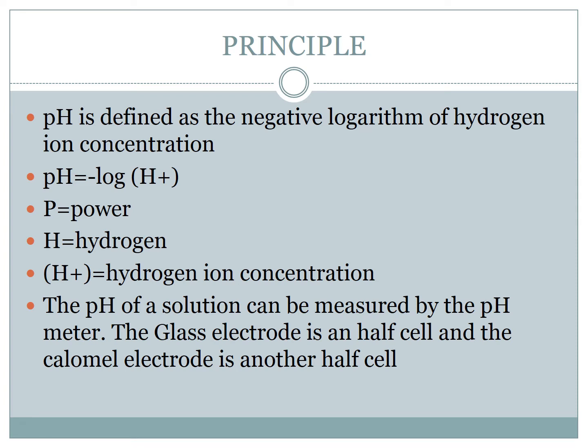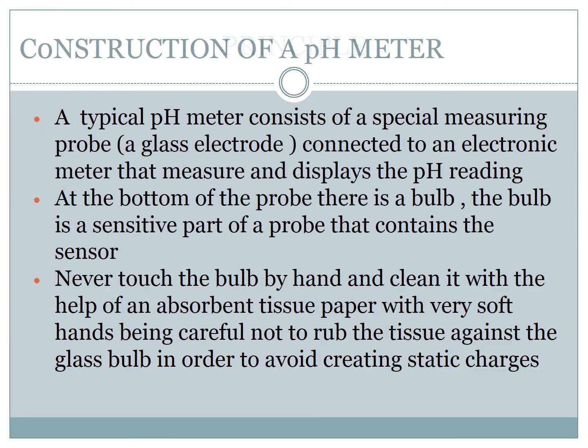Do you remember the relation of H and OH? If not, please stay tuned to my channel, I will discuss that also. The pH of a solution can be measured by the pH meter. The glass electrode is one half cell and the calomel electrode is the other half cell. That is all about the principle of the pH meter.